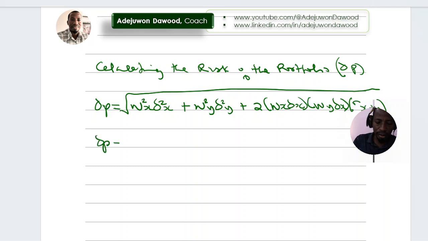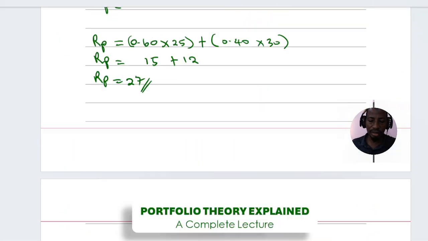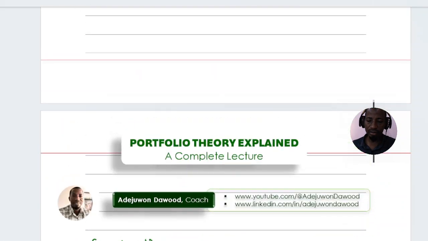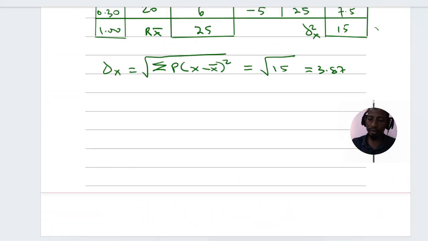So we invested 60% on security X, 0.60, then you square it, multiply by the variance of security X. Let's go and pick the number. Variance of security X is 15.